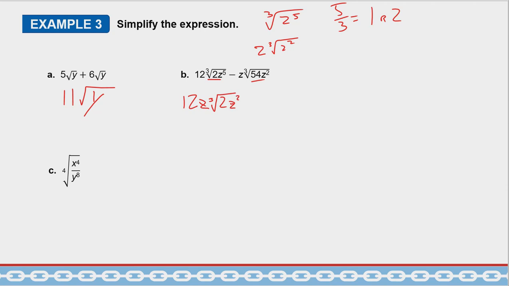And I think on your notes, these are m's. I changed those to make it so they're not z's. My z's and 2's look a lot the same. And then I'm going to work here on this part. What is the third root of 54? Well, I can factor 54 into 3 times 3 times 3 times 2.